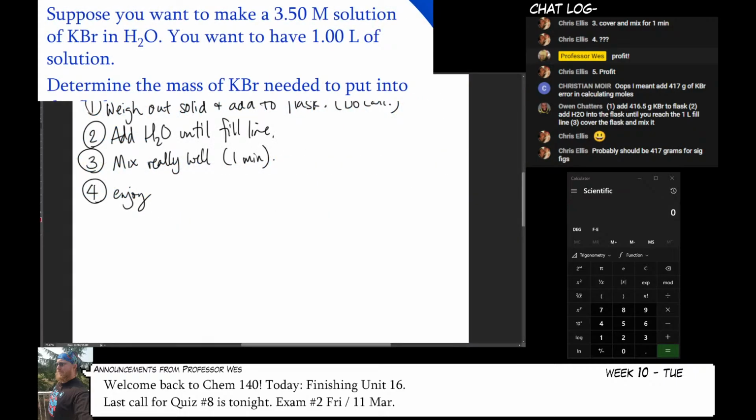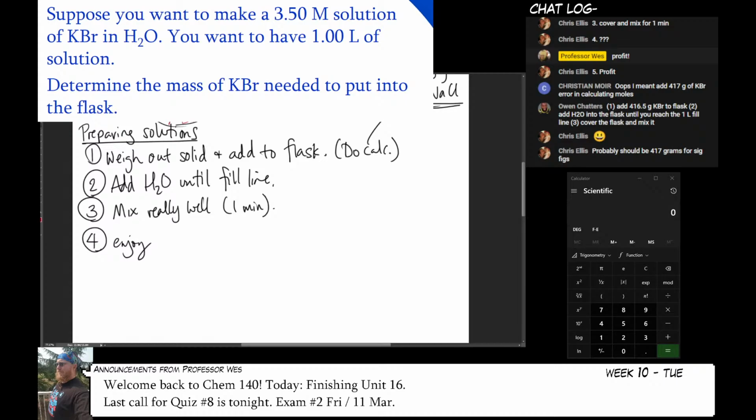All right, so let's set this up here. We'll do that first, and then I'll change what I have shown on the screen here. So I need this solution. Molarity equals moles of solute over liters of solution. To get to the number of moles of solute, I'm just going to multiply this over here.